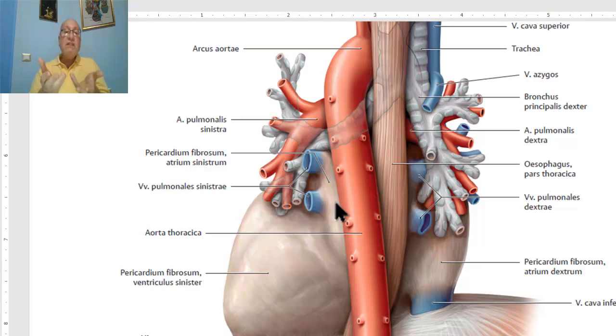And the oblique sinus of the serous pericardium separates these two tubes from the base of the heart, which is mainly the left atrium.